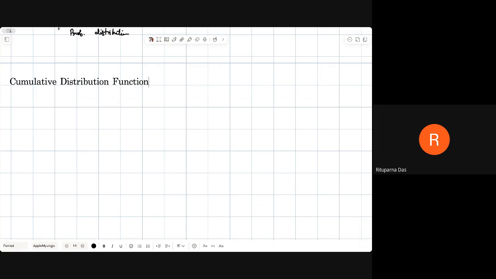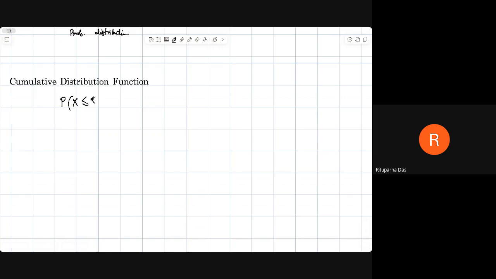The cumulative distribution function is F(x) = P(X <= x).